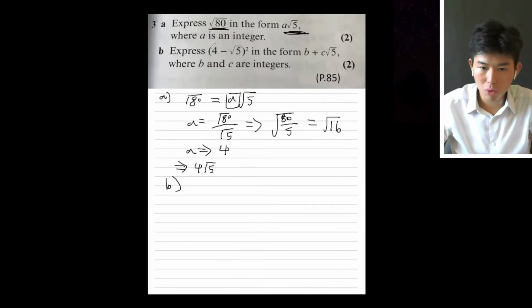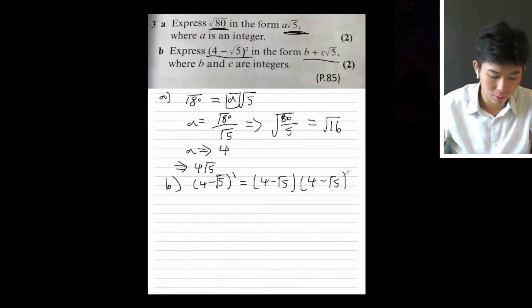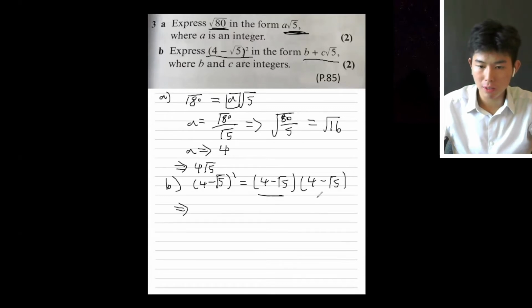And for part B, they want us to express 4 minus root 5, bracket square, in the form of b plus c root 5. Okay, so first thing first, 4 minus root 5 squared equals 4 minus root 5 times 4 minus root 5. And first thing we have to do is to expand this.